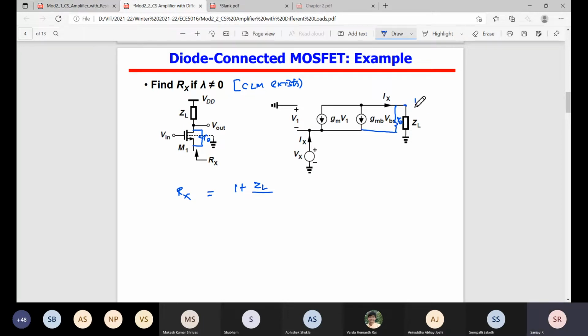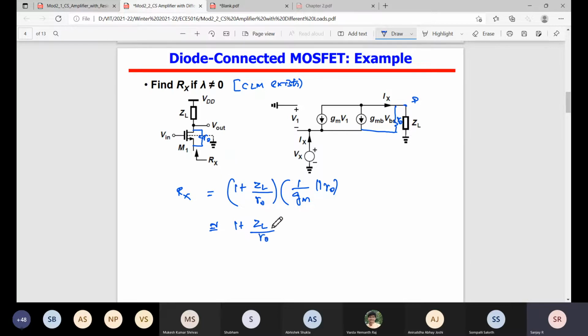So this is the drain terminal. The expression is 1 by gm in parallel with ZL by r0 terms. You know 1 by gm is very, very small, so I can approximate it. Not this R0, I'm sorry, small r0, the channel modulation resistance.